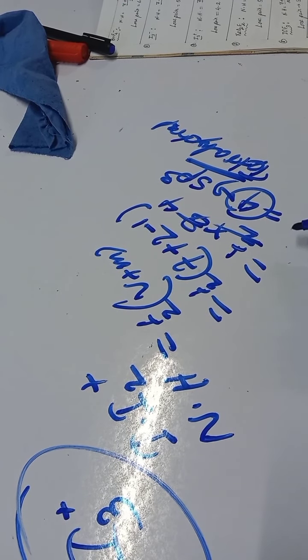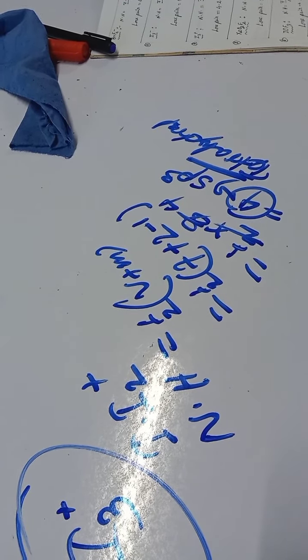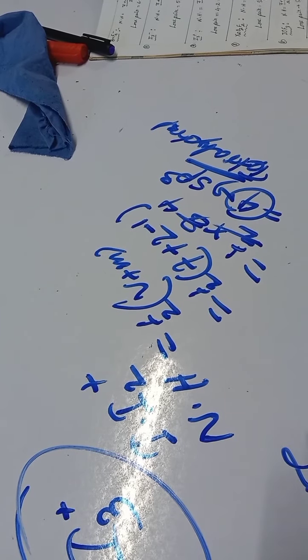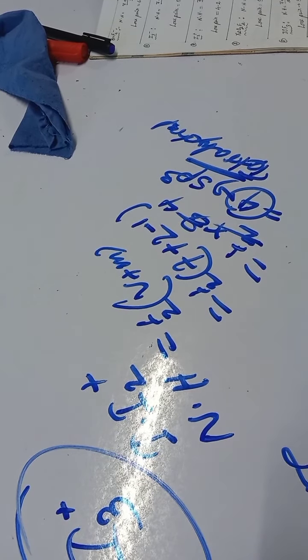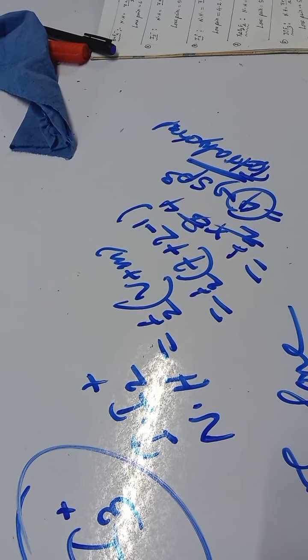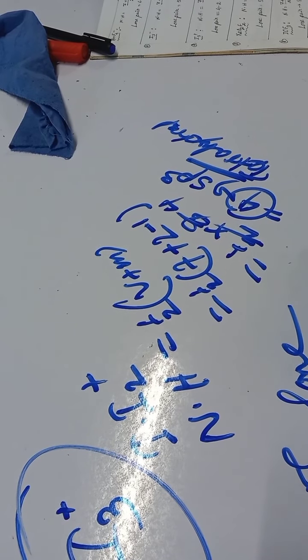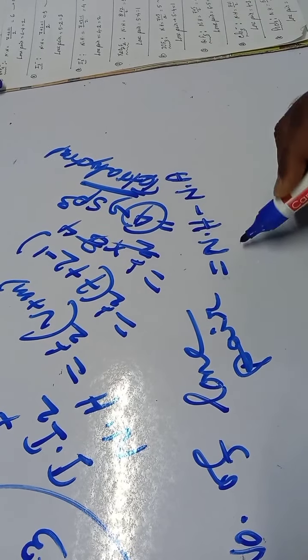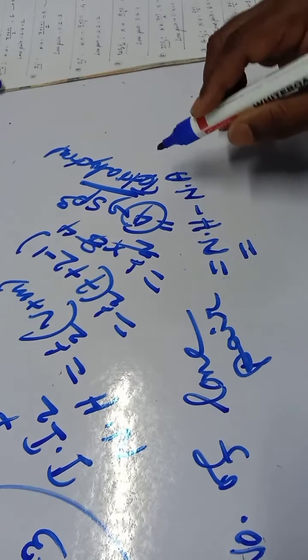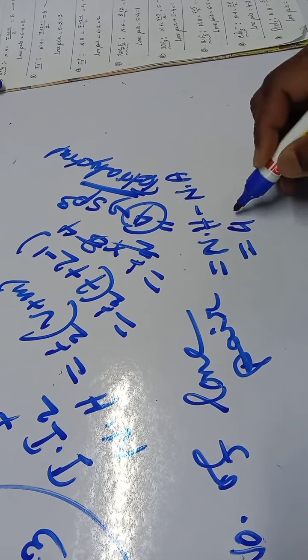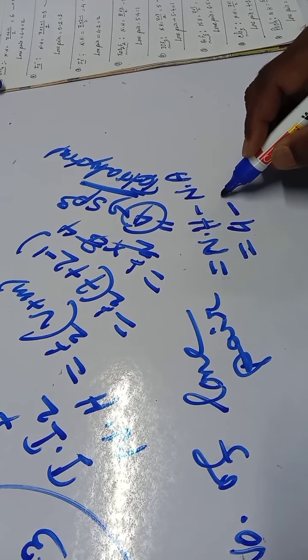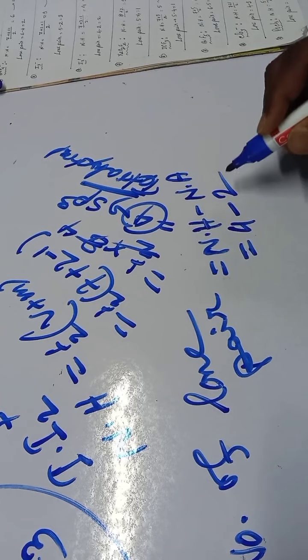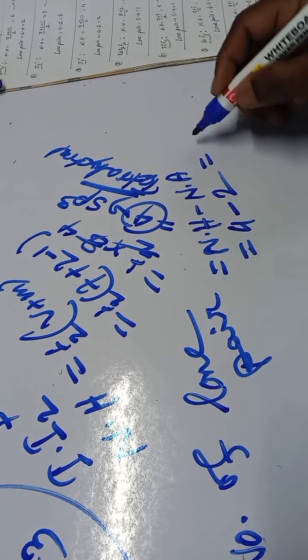The number of lone pair is NH minus NA, that is 4 minus 2, equal to 2.